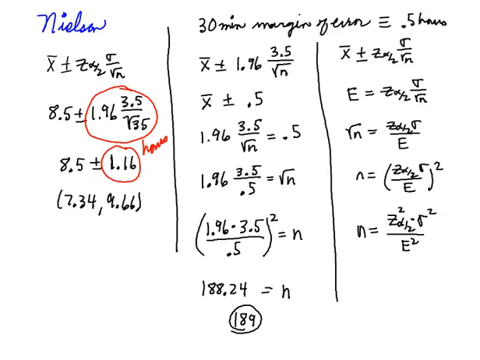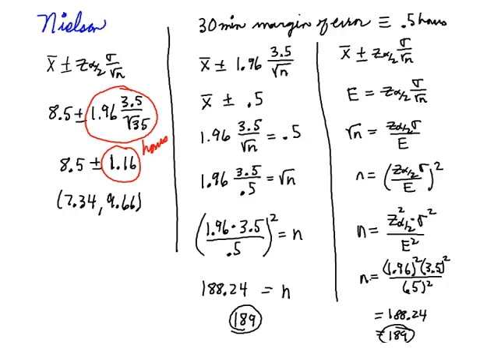So using the formula, since I have 95% confidence, I'd put in the 1.96. My population standard deviation is 3.5. And my desired margin of error was 0.5. And that comes out to 188.24, which we round up to 189.